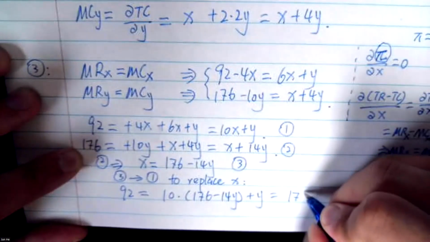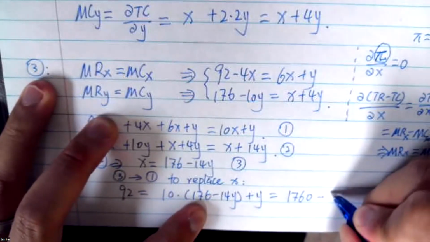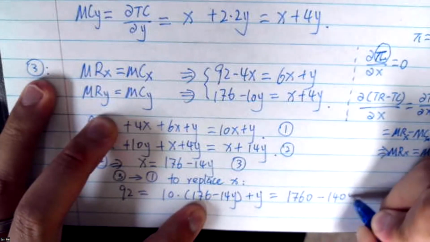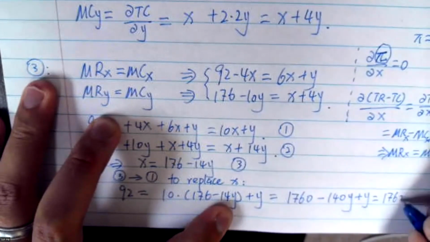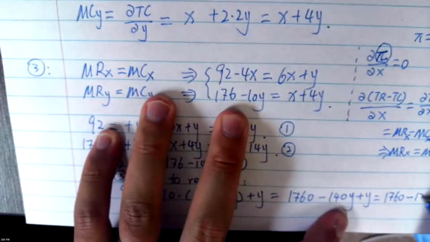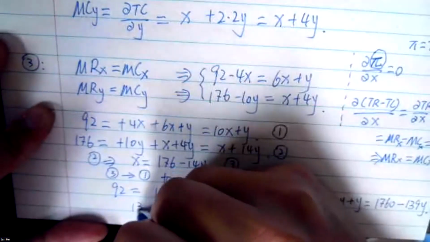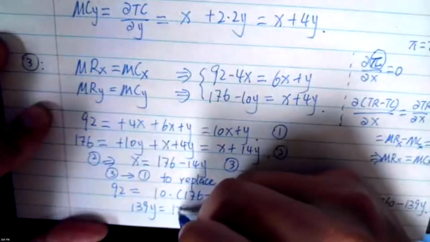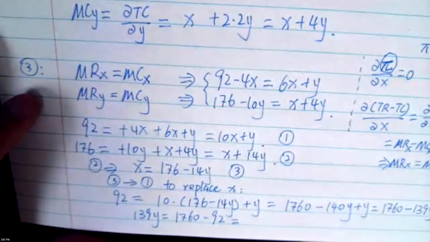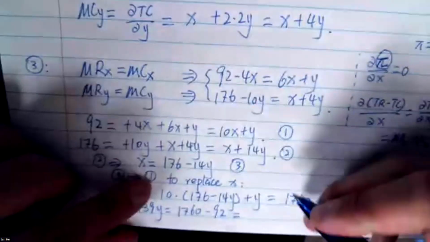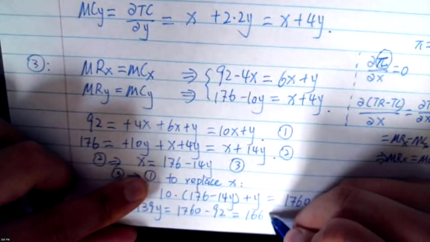So that is 1760 minus 140y plus y, which is 1760 minus 139y, right? And that is 139y equal to 1760 minus 92, which is 1668.